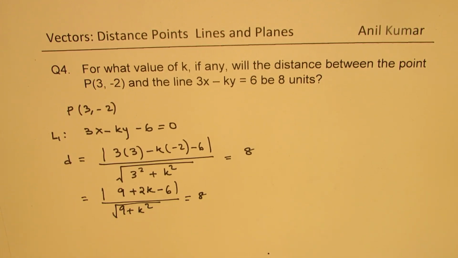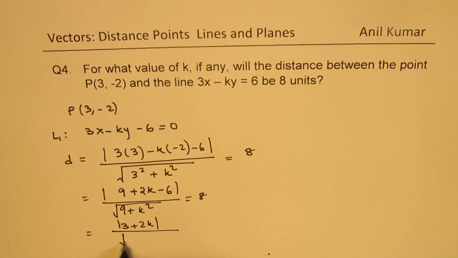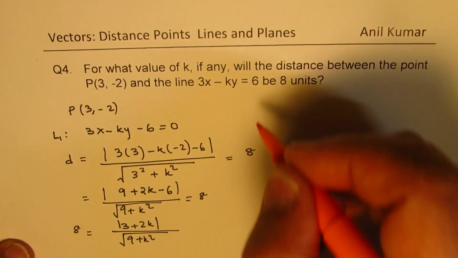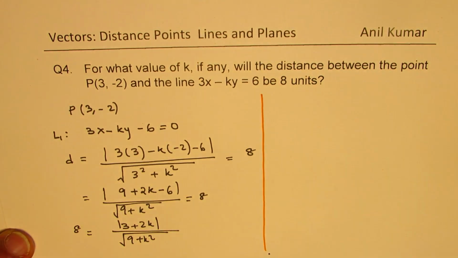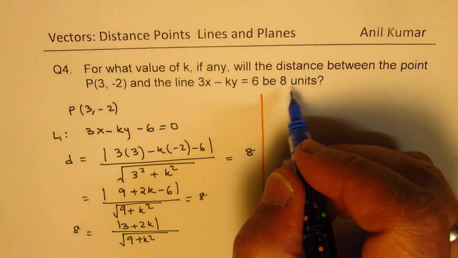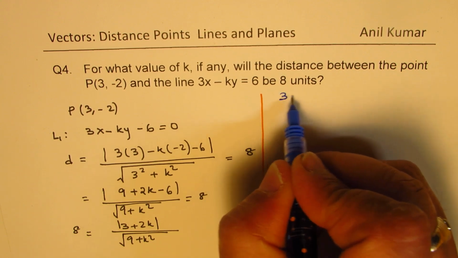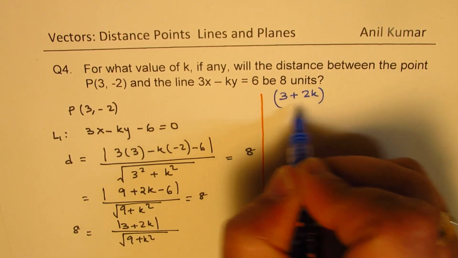Okay, so let's go one more step. 9 minus 6 is 3, so we get 3 plus 2k, right? So that's the absolute value, divided by square root of 9 plus k square, and all this is equal to 8. Okay, now to solve this, we are going to square both sides and find the value of k, right? So we have 3 plus 2k whole square.